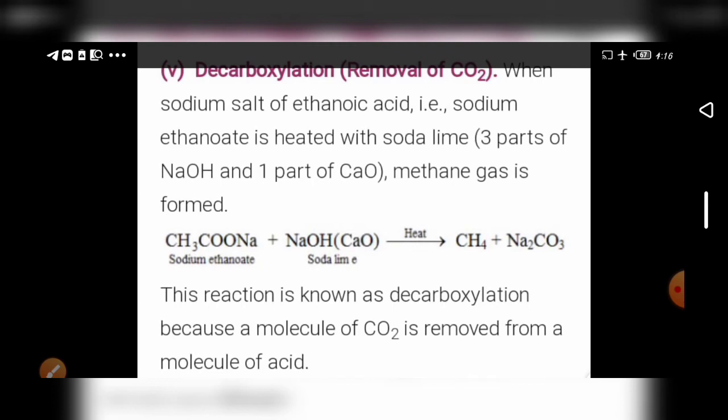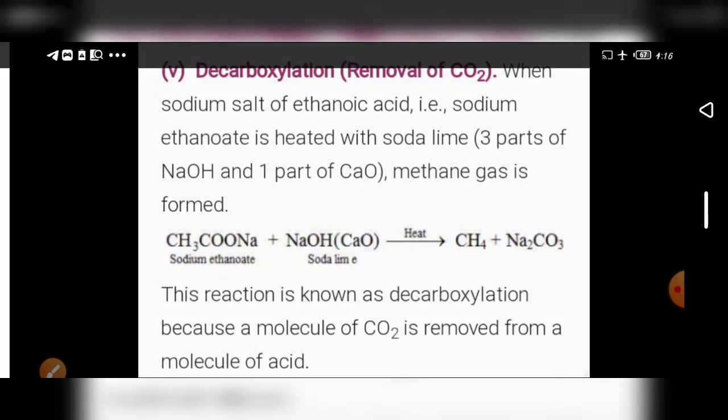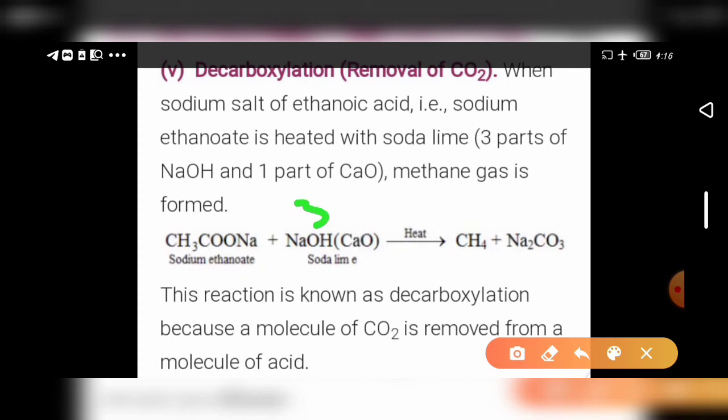When the sodium salt of ethanoic acid, CH3COONa, which we saw before, is heated with soda lime, it gives methane gas. Soda lime is nothing but 3 parts of sodium hydroxide and 1 part of calcium oxide, that is, a 3:1 ratio.